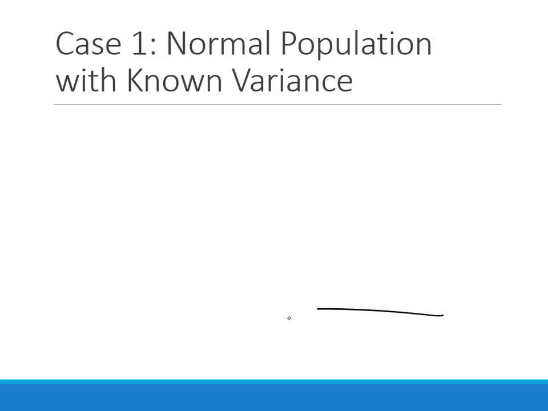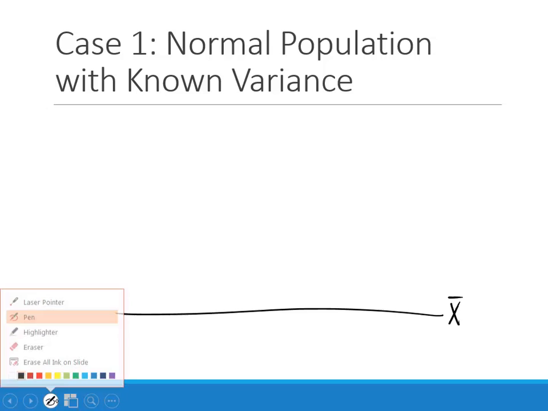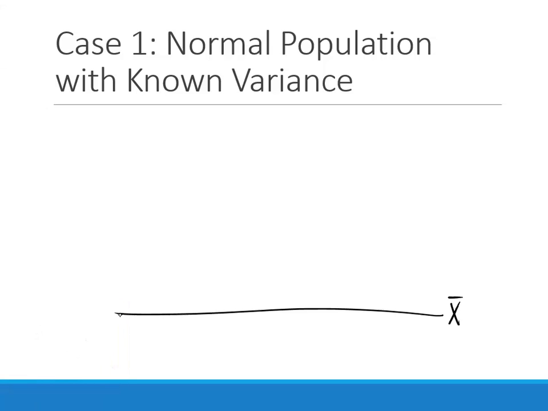So here is the distribution of my test statistic. Well, actually, this is the distribution of X bar, not my test statistic. What this says is that if the null hypothesis is true, that thing's going to be centered at 95, right?